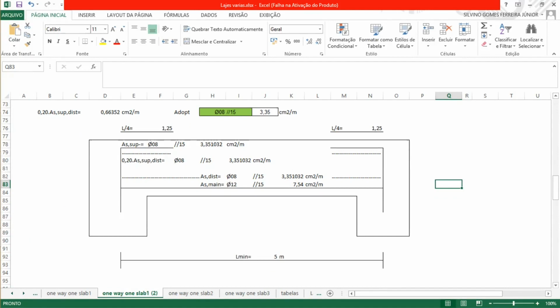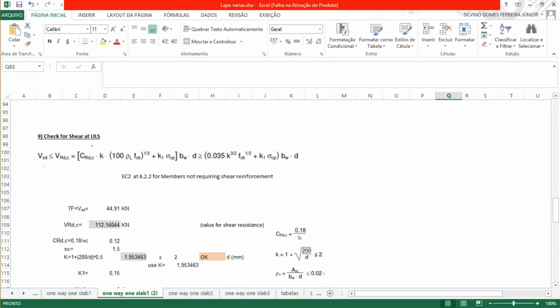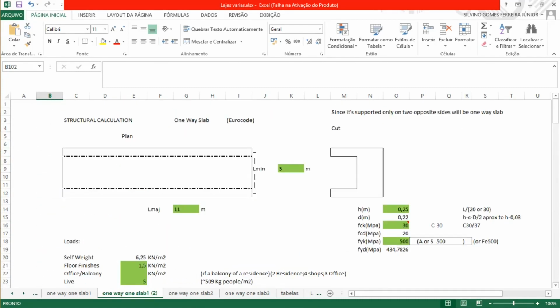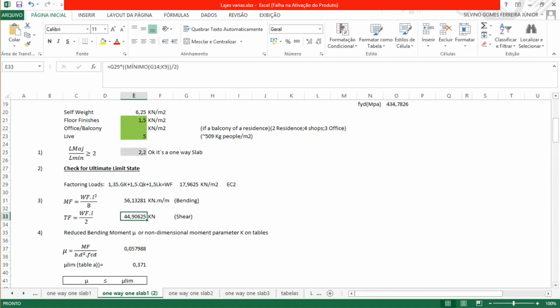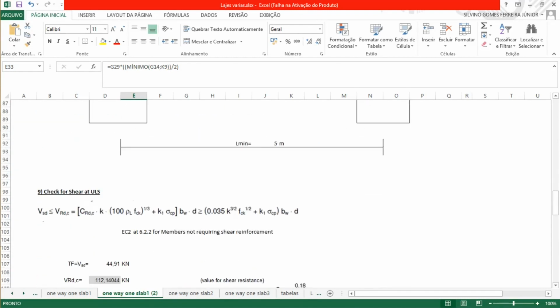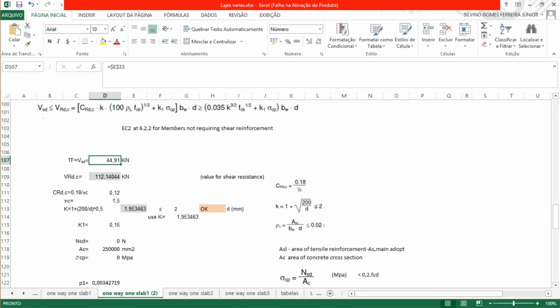Now we need to check. We check the flexure for the bending moment. Now we're going to check for shear. And for shear in the Eurocode we have this equation, the VEd, which is the shear that we calculated before here on top. It was 44.9 in the ultimate limit state, and we need to calculate this CRd.